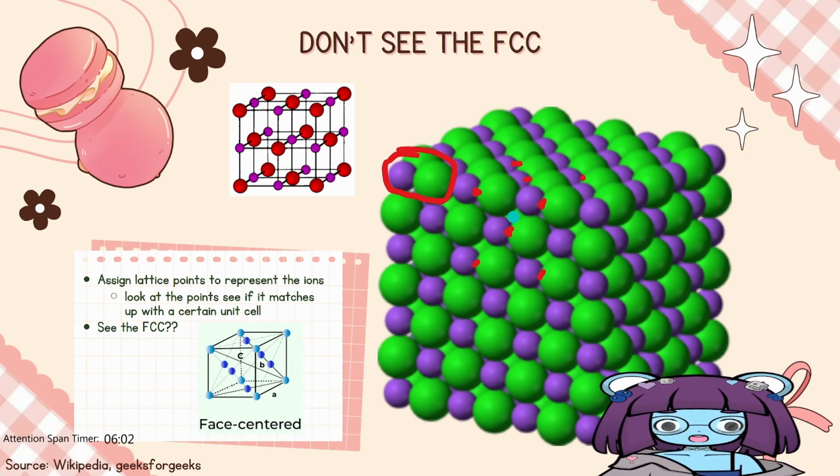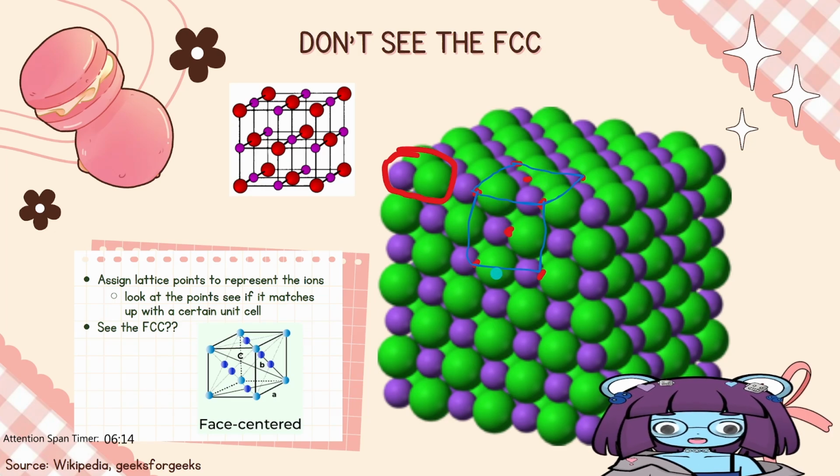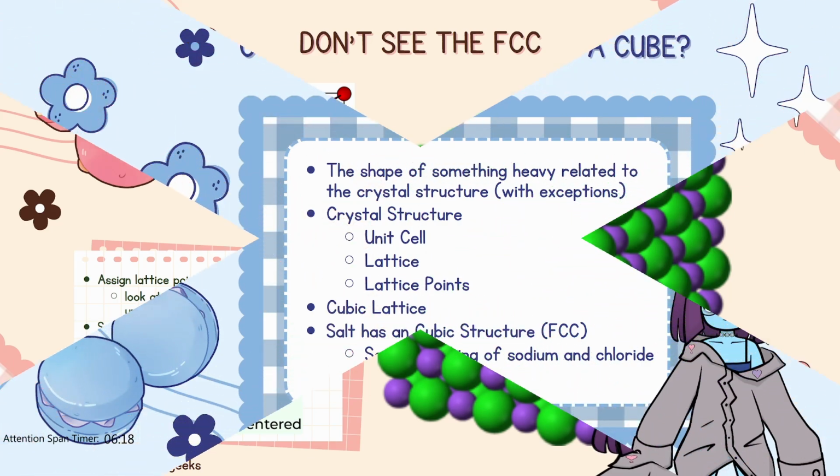And then I'll be drawing a face of the cube. So here we have a face, we have the lattice points at the corners, and a lattice point in the middle. Same down here. So this is indeed an FCC.